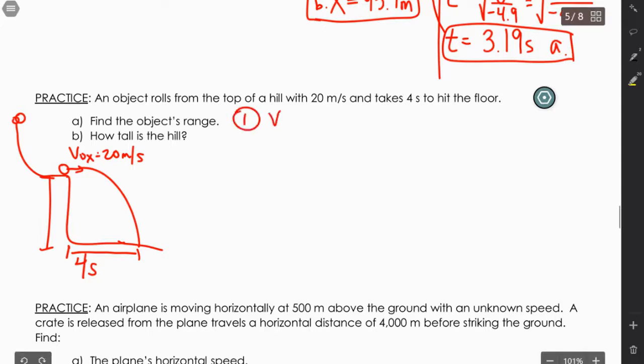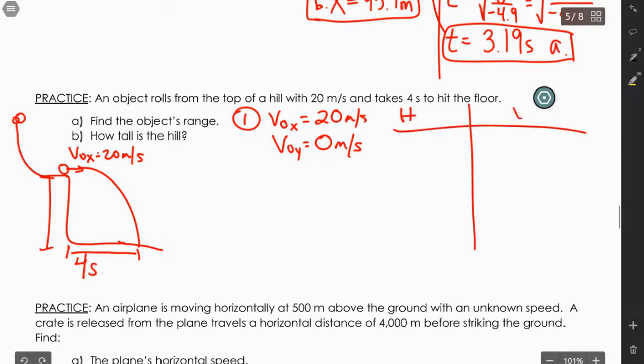Step one, break up our initial velocity vector. The good thing again is it's only a horizontally launched problem, so we have 20 meters per second in the x and 0 meters per second in the y. Write our position functions. So x equals 20t.